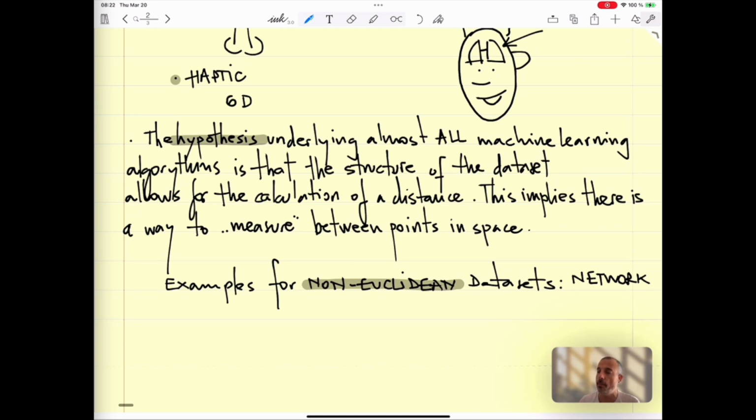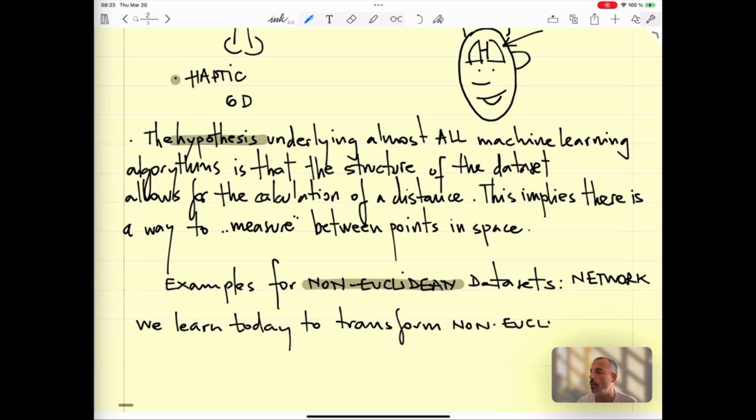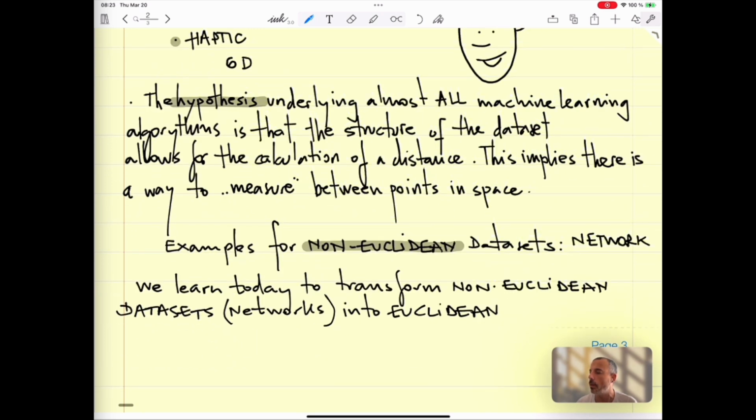This is what we learn today: to transform non-Euclidean datasets, networks, into Euclidean datasets, okay?